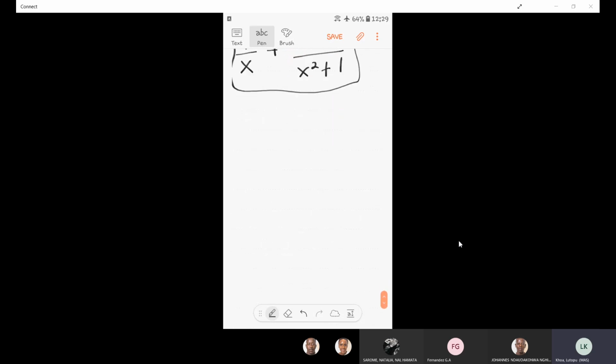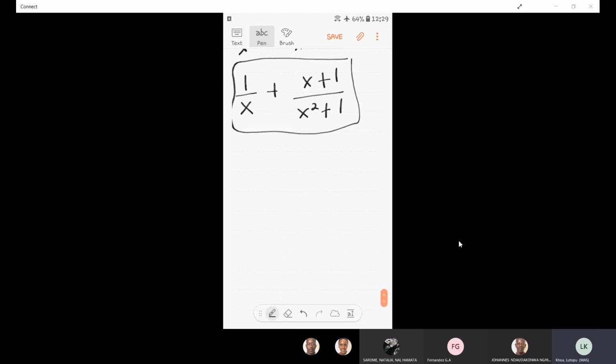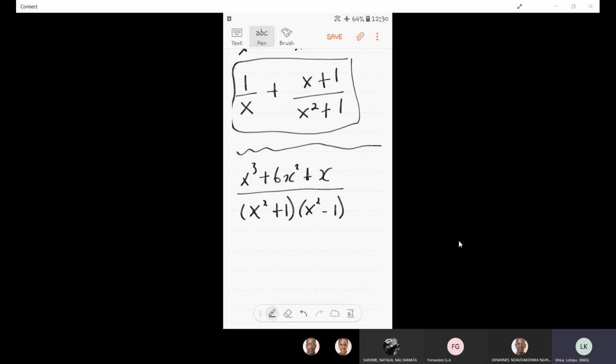Let's see if I have x to the power of 3 plus 6x squared plus x over x squared plus 1 times x squared minus 1. Okay, so here I have one quadratic which is irreducible, and then the other one I can factorize it.